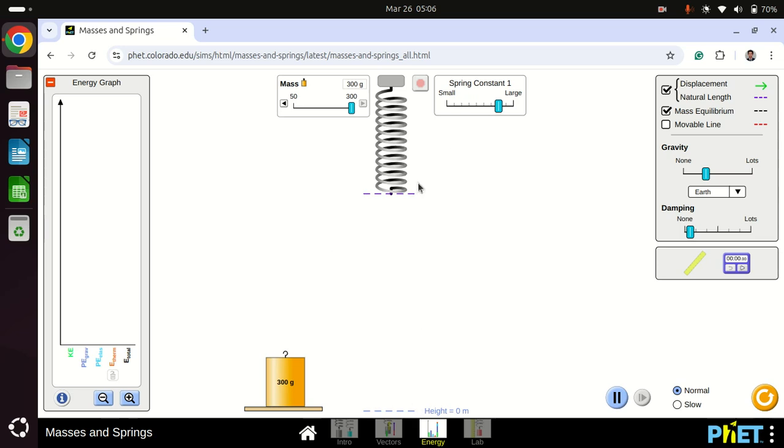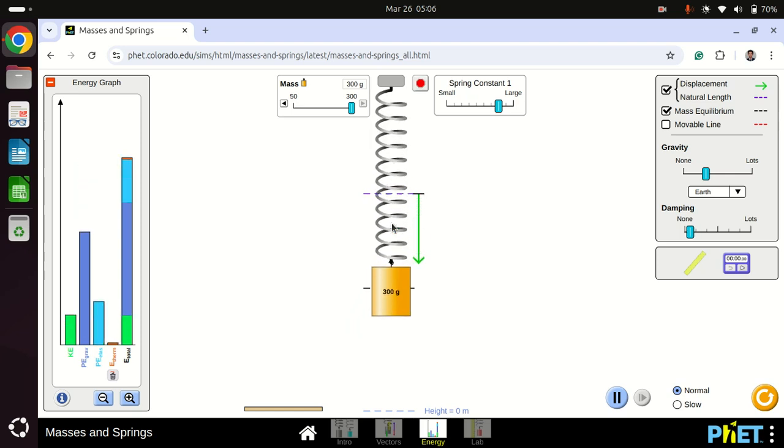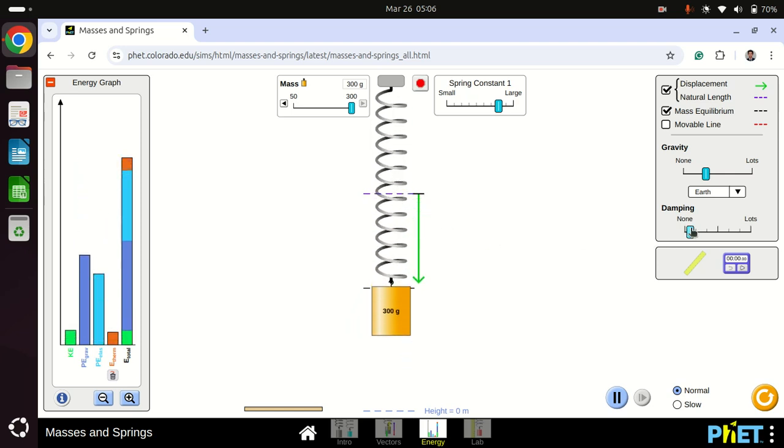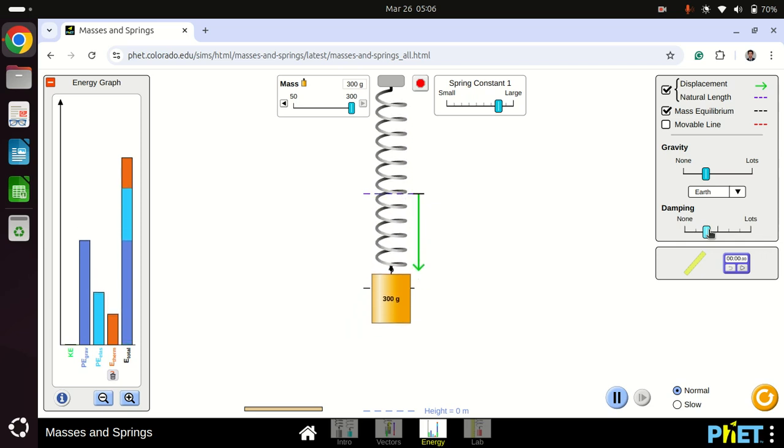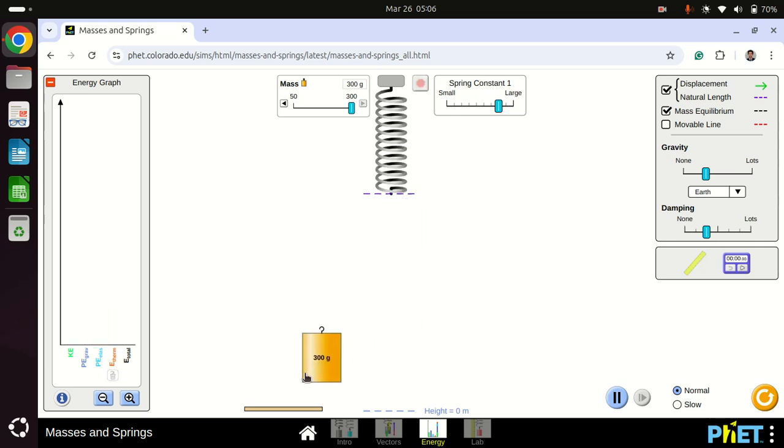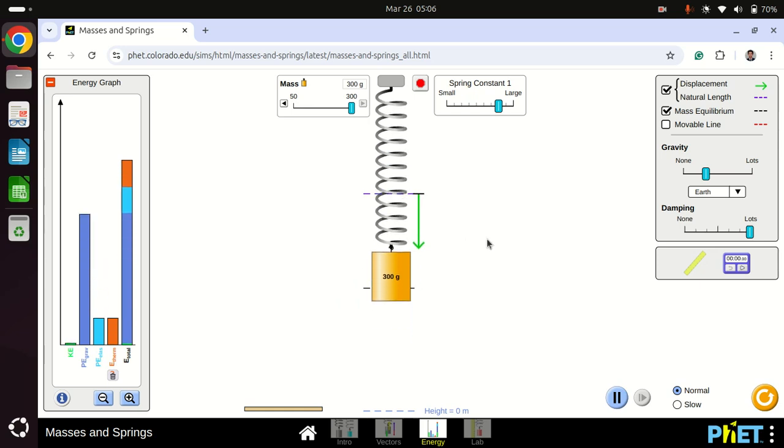This is ground, and now I will attach this mass here, and if I increase the damping, so damping is something which opposes this oscillating motion. Earlier we didn't have this option of damping. Here you can see if damping is more, this spring will rest quickly. Suppose I add a maximum damping, so let's say this is in some medium.